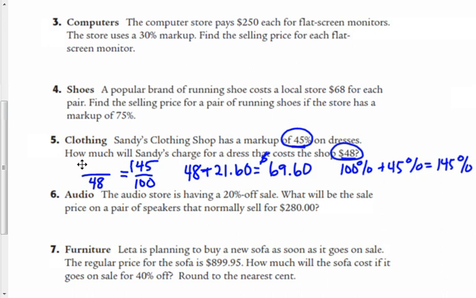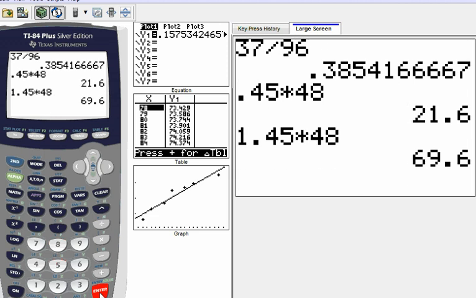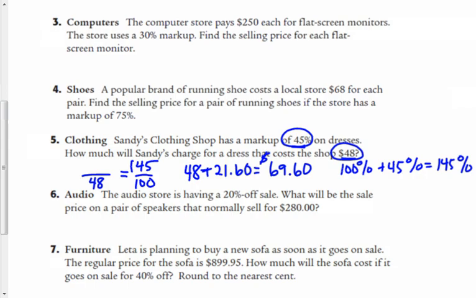On my calculator, the way I would do that is 145 divided by 100 is 1.45 times 48, and that'll give me the price with the markup, which is $69.60. So another option, when you're doing a markup, add the percent on to 100, and so just do 48 times 1.45, and that'll give you the price with the markup.